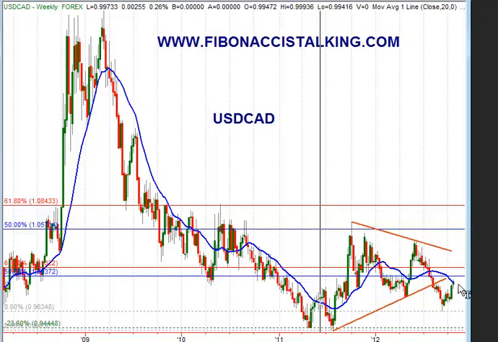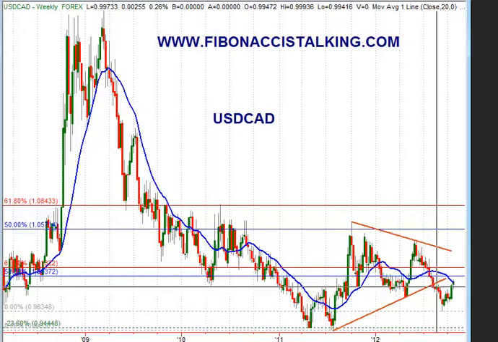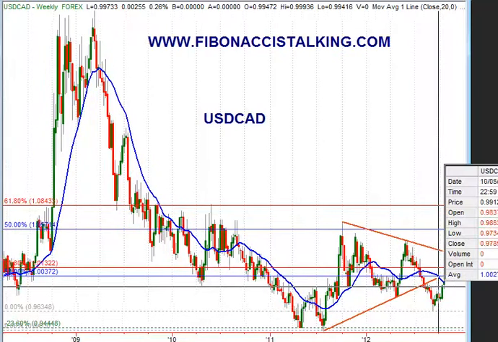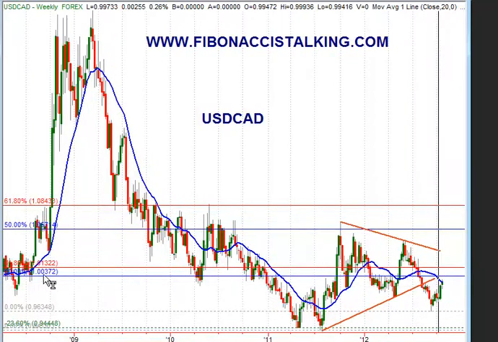And we also have another resistance here, I believe in the 0.040 area, and it is possible that we are going to test this area in the next few days, whilst the dollar is still relatively stronger, but eventually this will revert lower and we will move into 0.94.